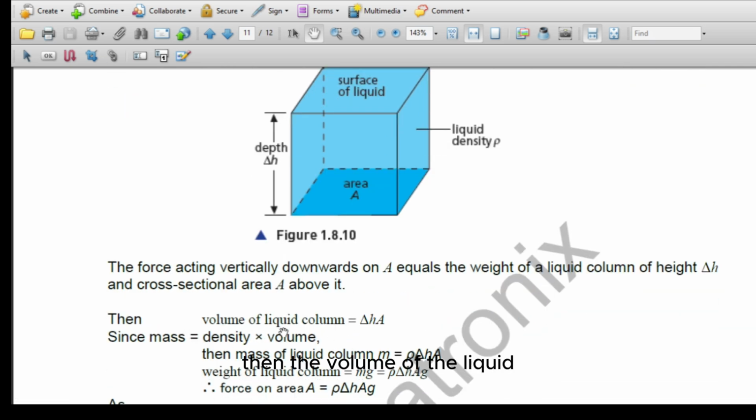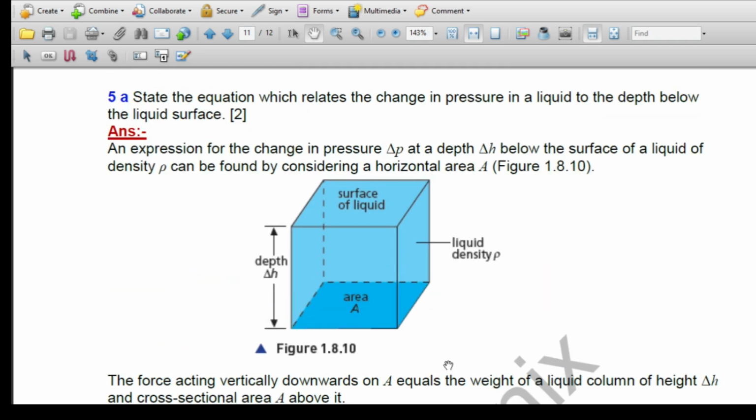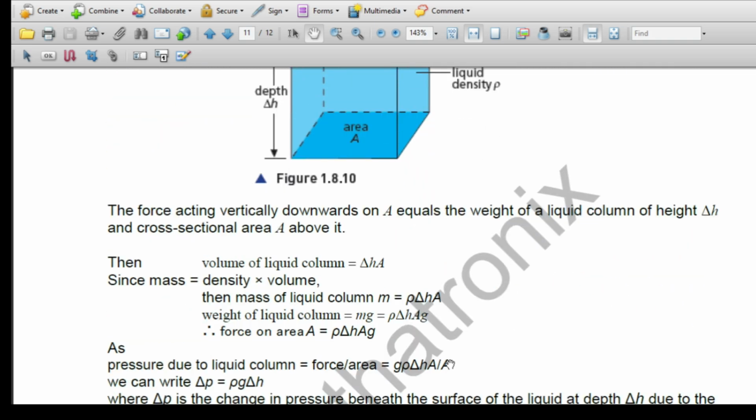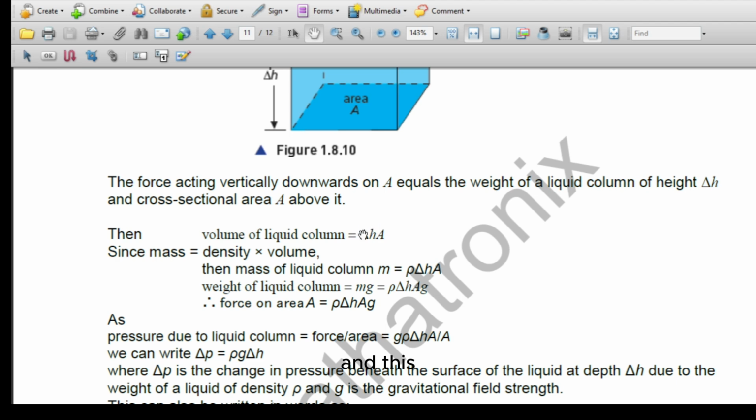Then the volume of the liquid column is delta H times this cross-sectional area, and this volume is multiplied by the density of the liquid. So the mass is obtained. Mass is equal to density into volume, and volume is delta H A, and this rho is the density.